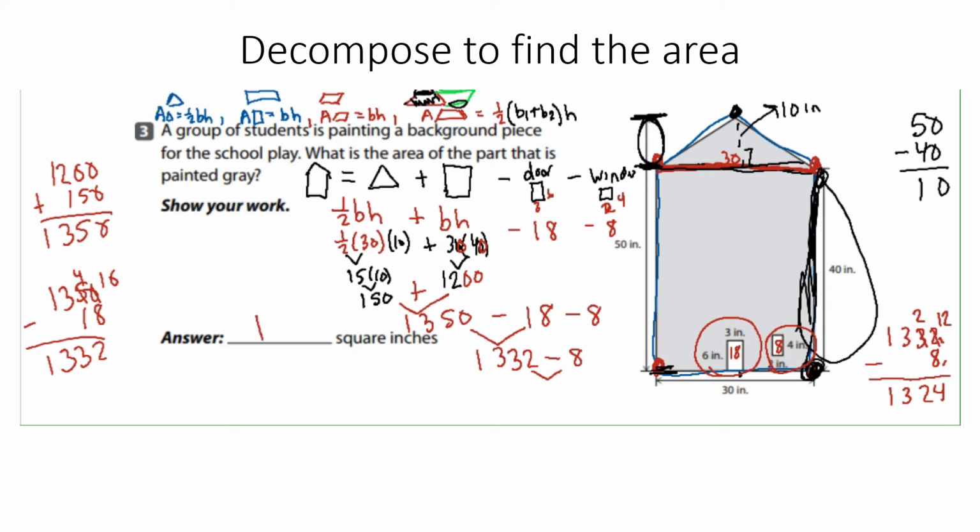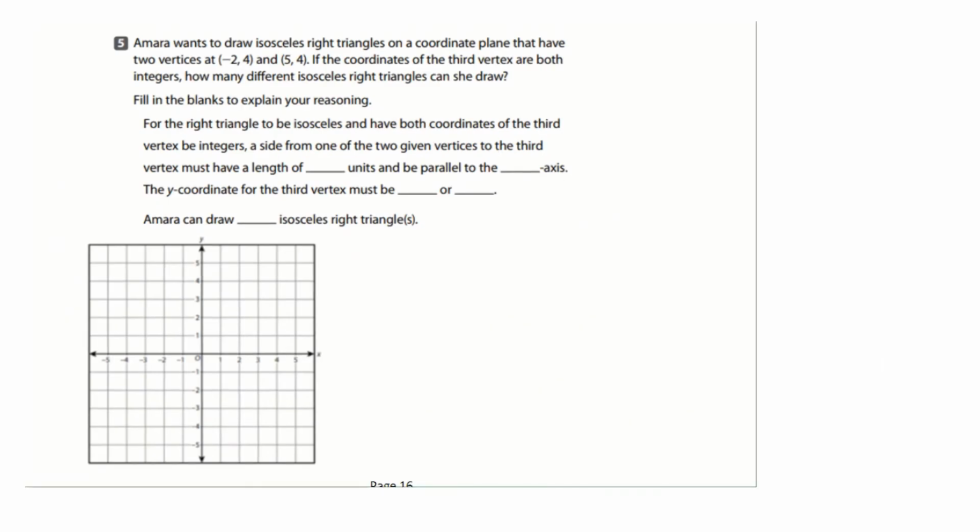So I have 1,324 square units that is going to be used for the gray region, or to paint the background piece gray. I'm going to need 1,324 square inches of paint, or I'm going to cover 1,324 square inches.